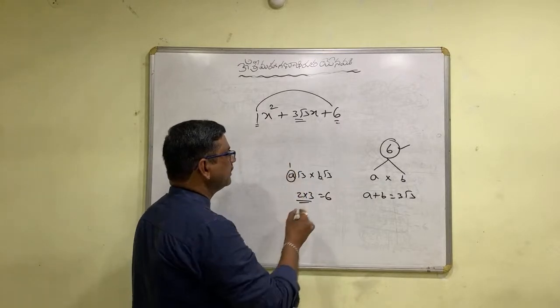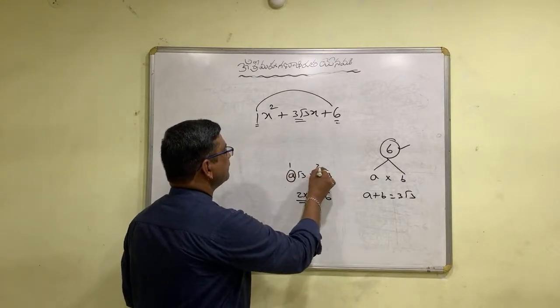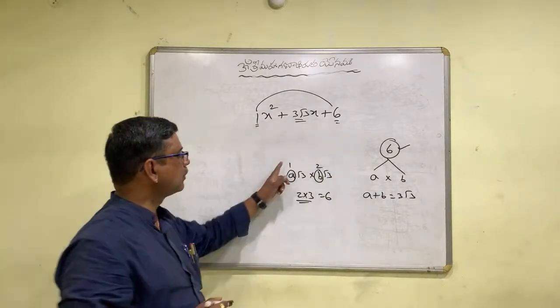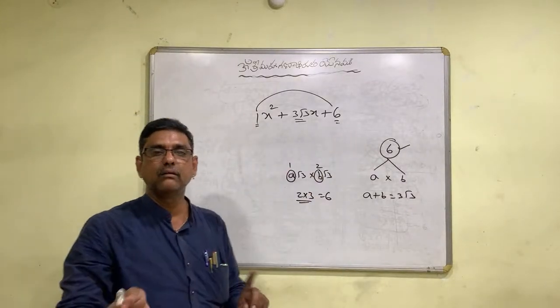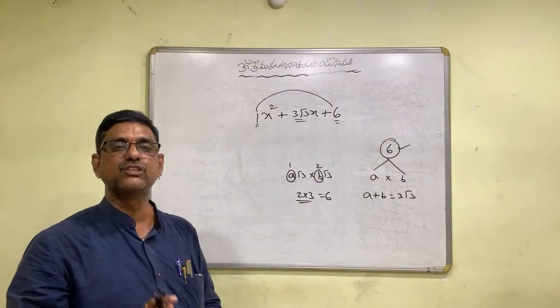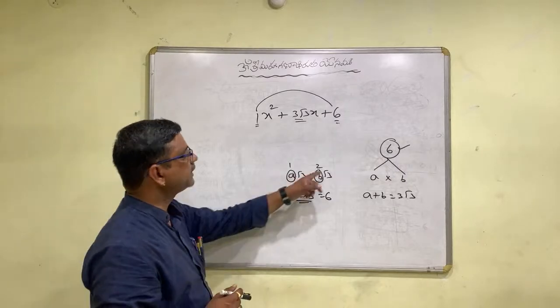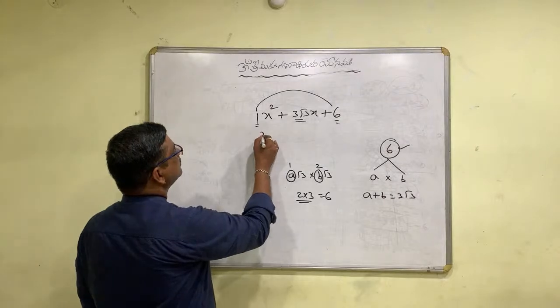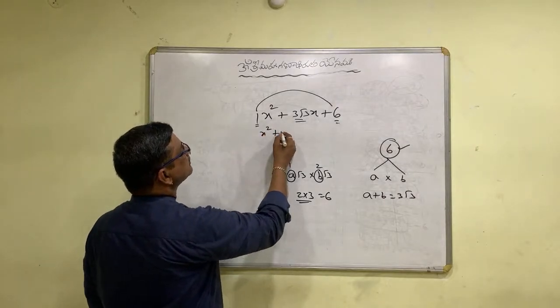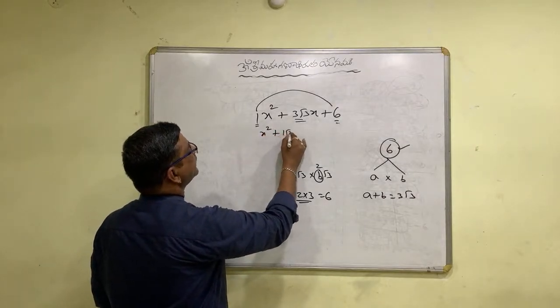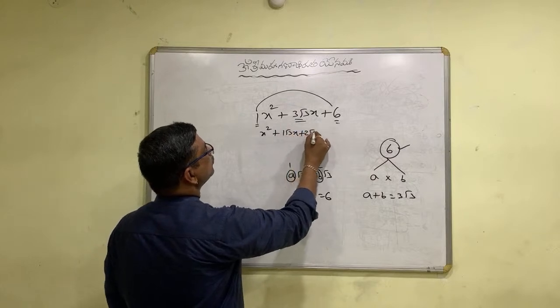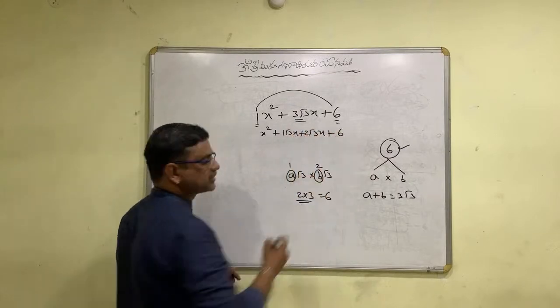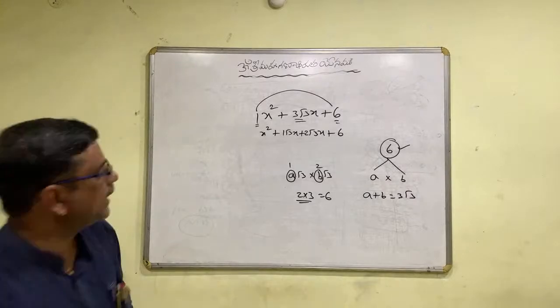I am keeping 1, and another value for b, I am keeping 2. So 1 root 3 into 2 root 3 is 6, and 1 root 3 plus 2 root 3 is 3 root 3. In that way we need to do. x square plus 1 root 3x plus 2 root 3x plus 6. Okay then?